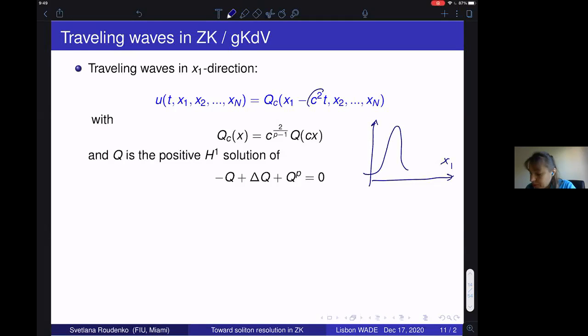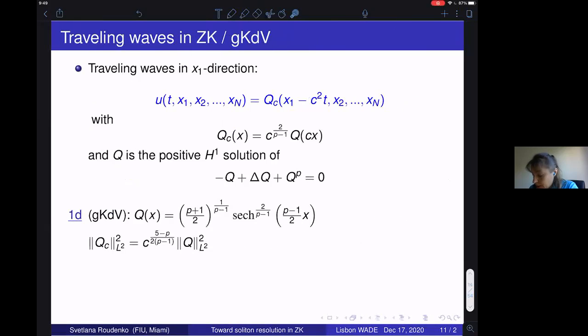That's why I wrote c squared, just to indicate that it's positive speed. So what is Q_c? It's the dilation appropriate to p, and Q is the ground state solution of the famous, well-known nonlinear elliptic equation, which shows up not only in KdV, but in NLS and Klein-Gordon, and we're typically very familiar with that.